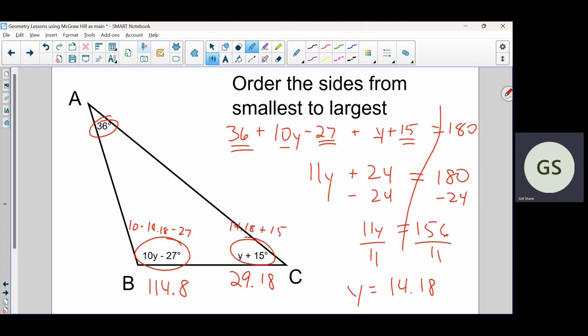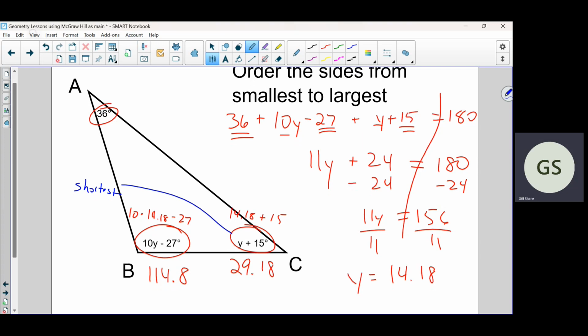Now we can say, okay, now we're back to the geometry principle part. I know the smallest angle is across from the shortest side. Again, visually it doesn't look like that, but you got to go with the numbers. So this angle is across from the shortest side. So AB is the shortest side. So when you order them, let me just zoom out.